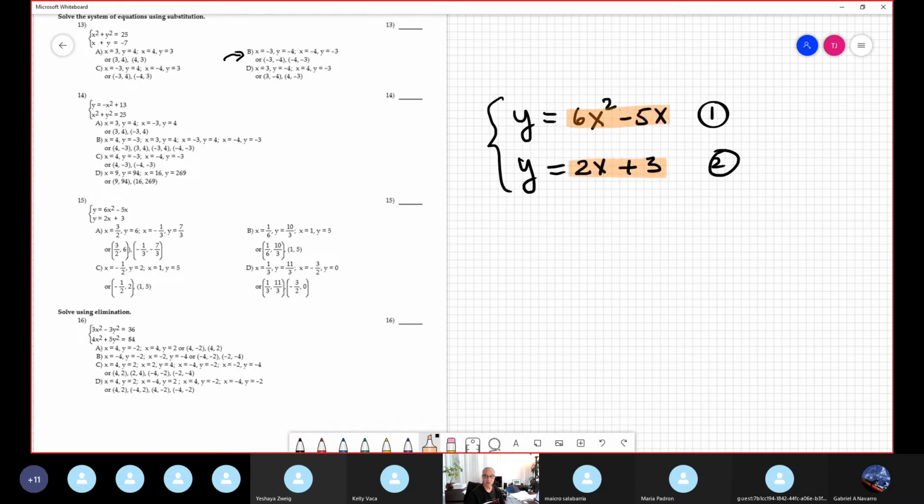Yes or no? You put them together, right? You copy now: 6x squared minus 5x is equal to x plus 3. Do you understand this or no? Wow, fantastic. I like that. So now it looks like a quadratic equation.